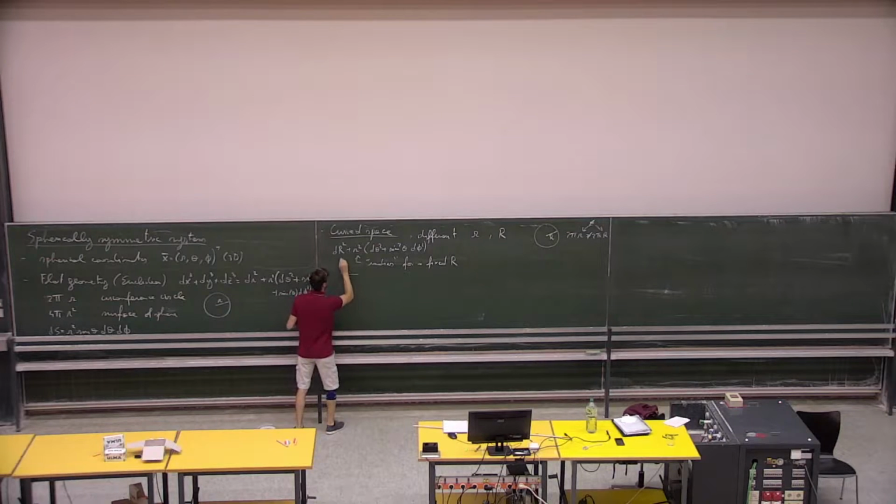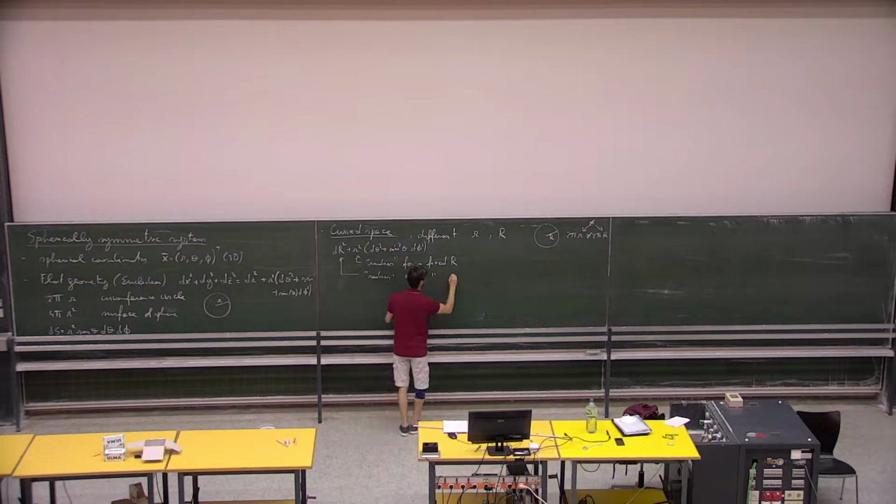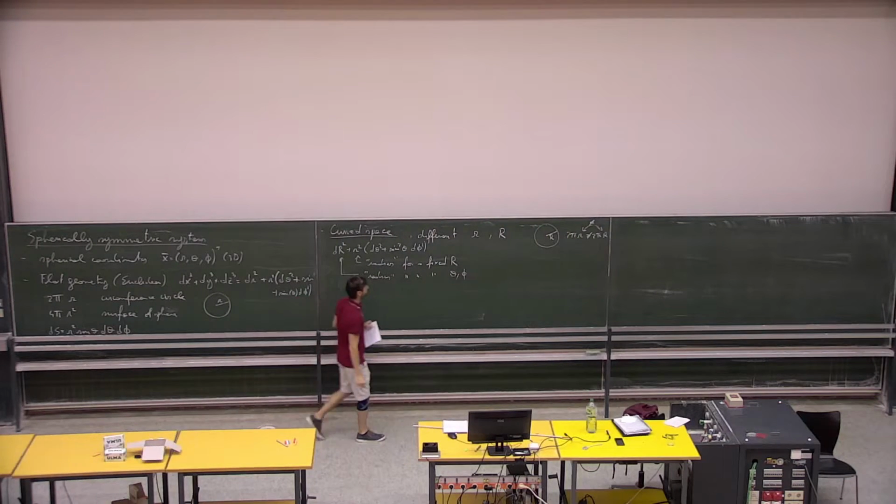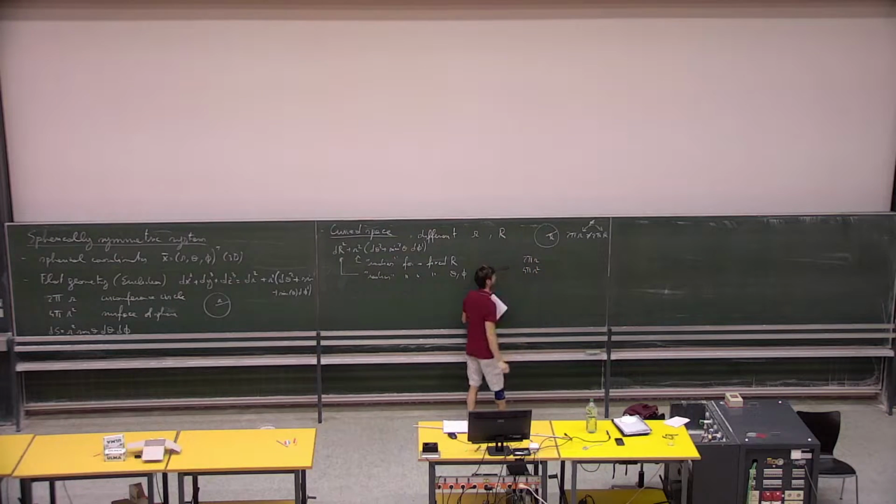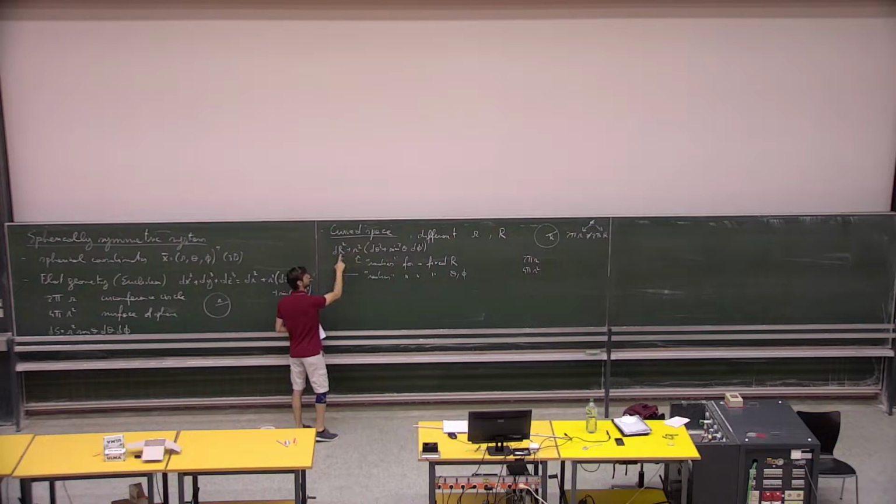And this is a radius for a fixed theta and phi. And again, the surface of your sphere is going to be 2 pi r, sorry, the circumference, and 4 pi r squared for the surface. But now there is this distinction.